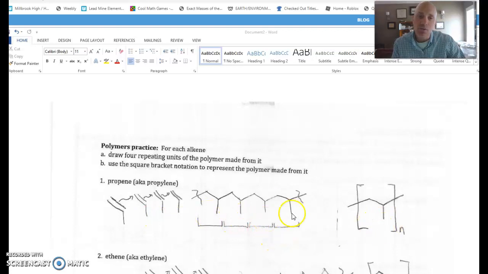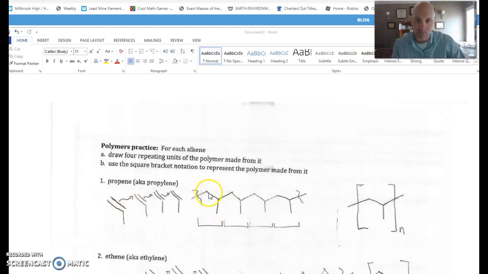All right, so if I'm going to do the square bracket notation, a good way to do this is to say, well, the square bracket notation should be around the part of it that would originate from the monomer. So this is the monomer right here. Inside the brackets we should have carbon, carbon, carbon, so that would be this part right here.